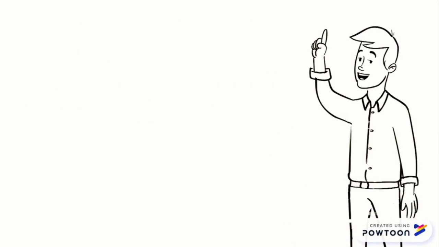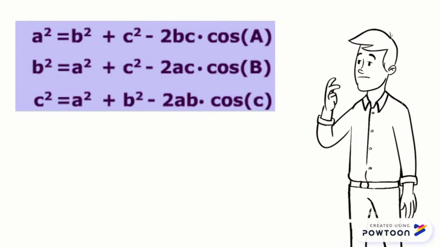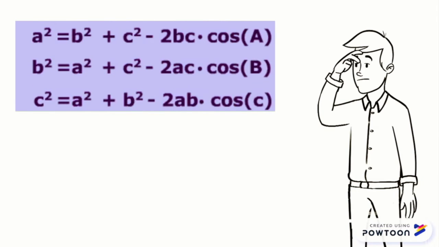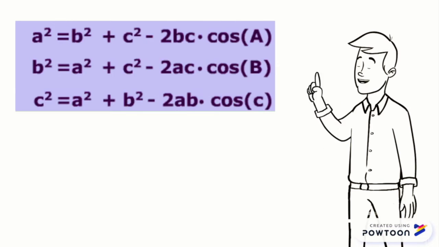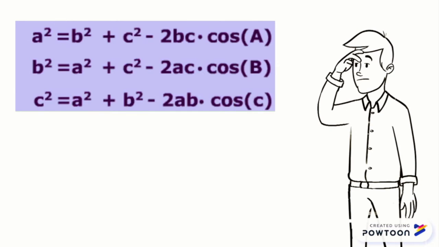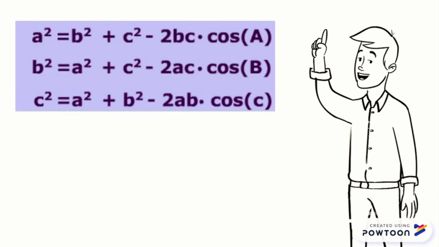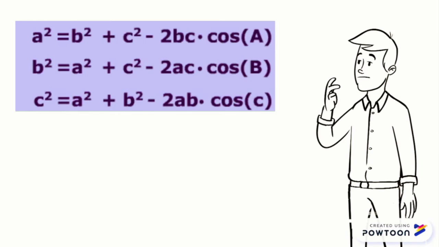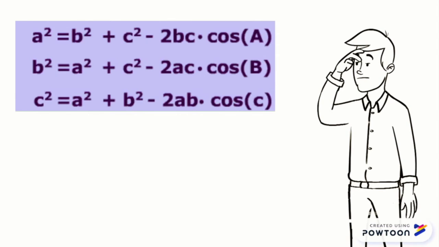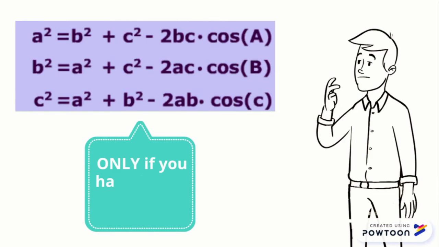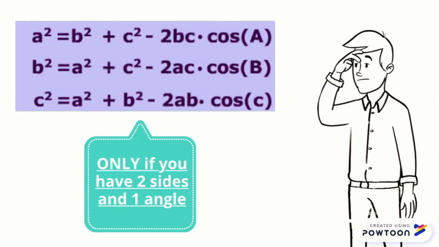The law of cosines is formed by the following variables: a squared equals b squared plus c squared minus 2bc cos a; b squared equals a squared plus c squared minus 2ac times cos b; c squared equals a squared plus b squared minus 2ab times cos c, if the information provided is two sides and an angle.